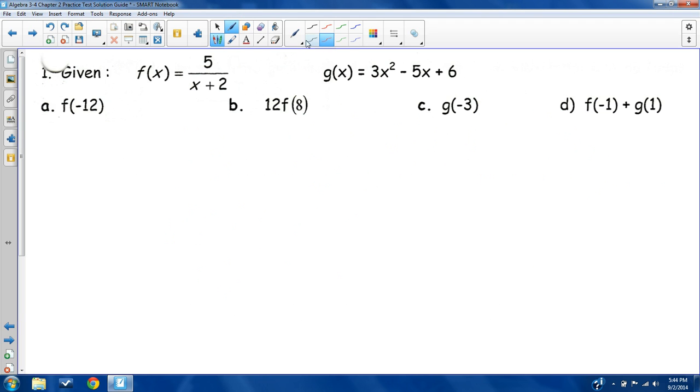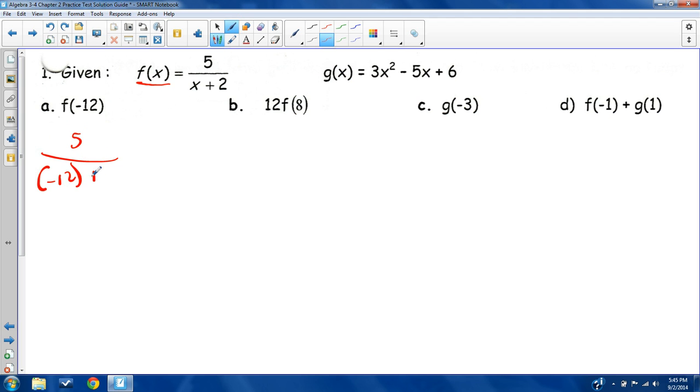Okay, let's do some of these examples. I'll do number 1 first to start. Now, the other thing about functions really is you plug in a value for x, you get one for y. We talked about that. Here's a notation called function of x, f of x. That is not f times x. It's function of x, and basically all that means is, first of all, you're looking at a function, and second of all, whatever number is represented here, you substitute for x, and you figure out what value that is for y. So pretty simple. f of negative 12 here, I'm going to plug in negative 12 for x.